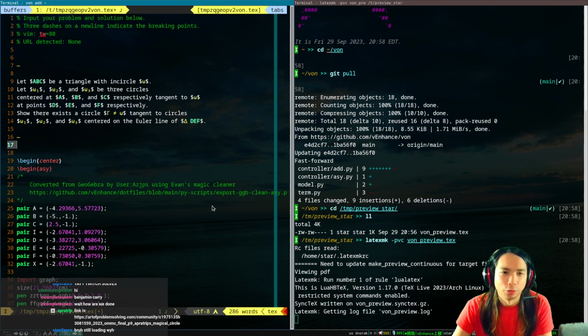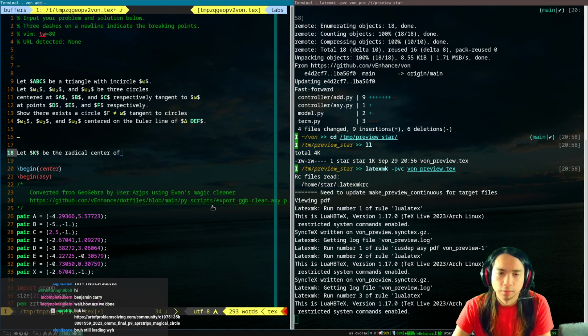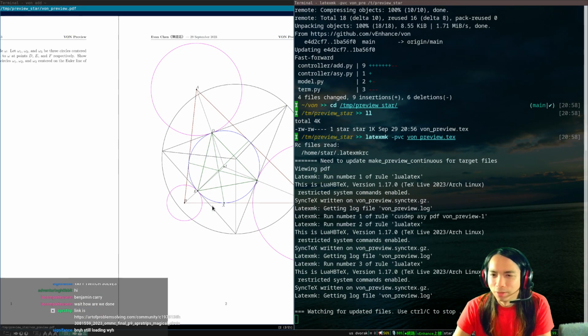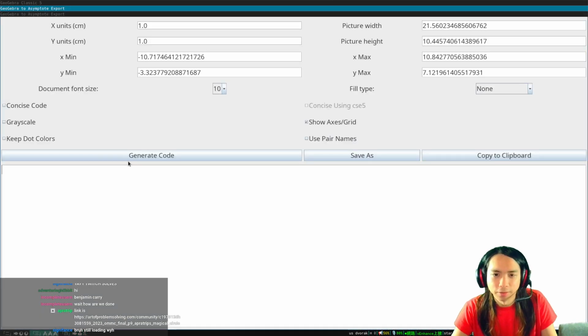Okay, so notation is going to be let K be the radical center of... Did I need XYZ now that I think about it? Did I actually use XYZ? No, yeah, I use XYZ. Where did half the points go? Did I cut this off accidentally?